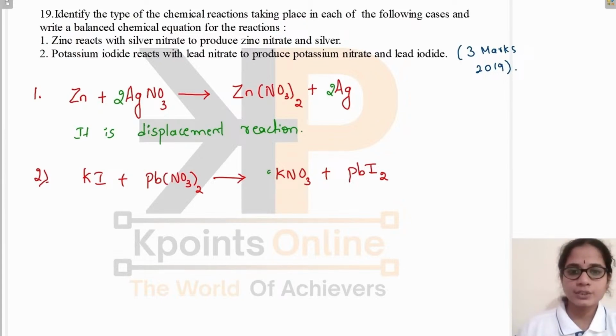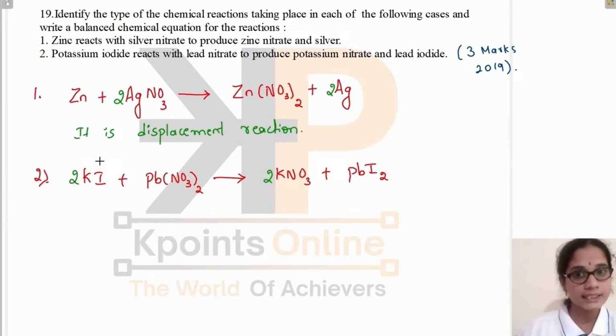I can write here 2 so that the nitrate ion is balanced on both sides, or you can take single elements and balance them. But once you become used to it, it is very easy to balance it in a single step only. Okay. So now the potassium atom also needs to be balanced. See, check. Now the whole equation is balanced.